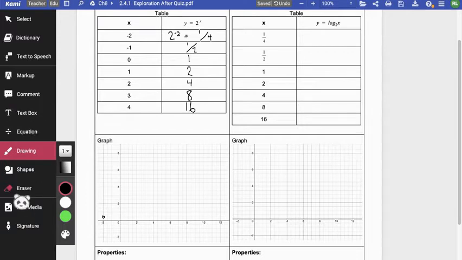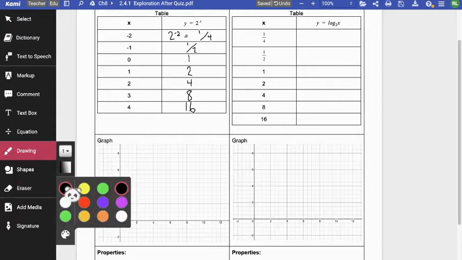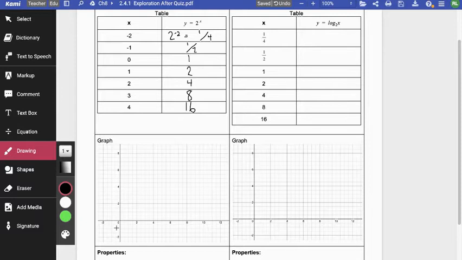oh, that's not 1/4, is it? It's really only about 1/2. Let's clean that up here. Okay, so if x is negative 2, then y is 1/4, which is going to be right here. And if x is negative 1, it's going to be 1/2. As long as we have it close enough to those, we're okay. 0 and 1.